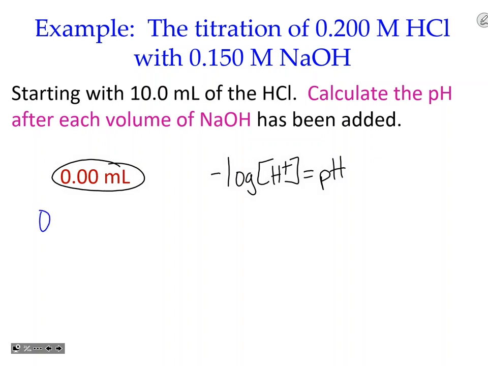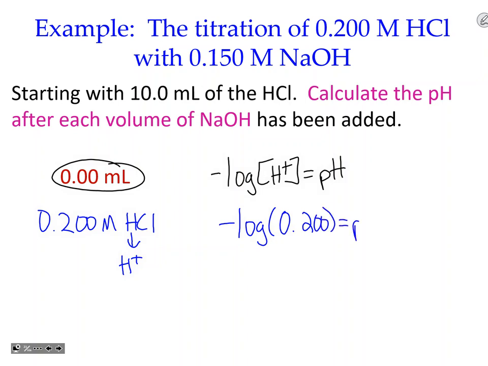If we have 0.2 molar of HCl, that means this is really just H plus, because HCl is one of the strong ones. So it completely ionizes, completely dissociates. So for this one, all we really need to do is negative log of our 0.2, and that's going to be our starting initial pH. Now what does our starting initial pH calculate to be?